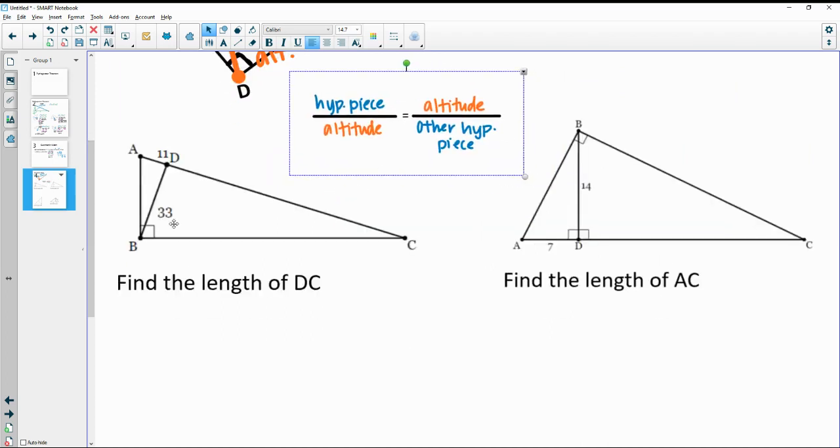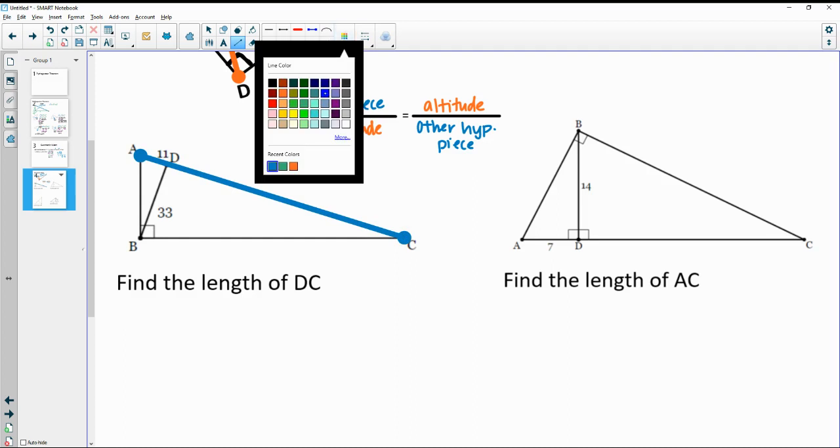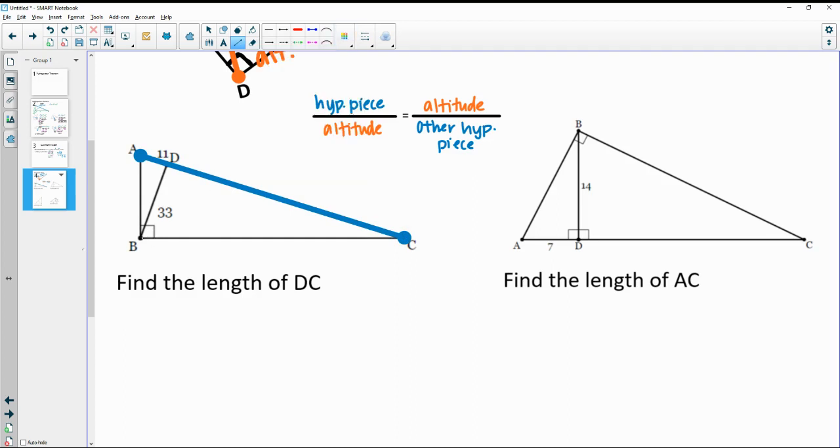All right. So in this first triangle, we see the hypotenuse AC, across from that 90-degree angle, and then we see the altitude drawn here. If we're looking for the length of DC, from here to here, that's one of the hypotenuse pieces.